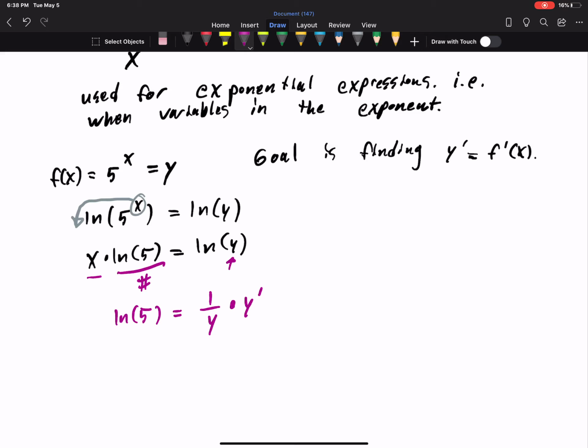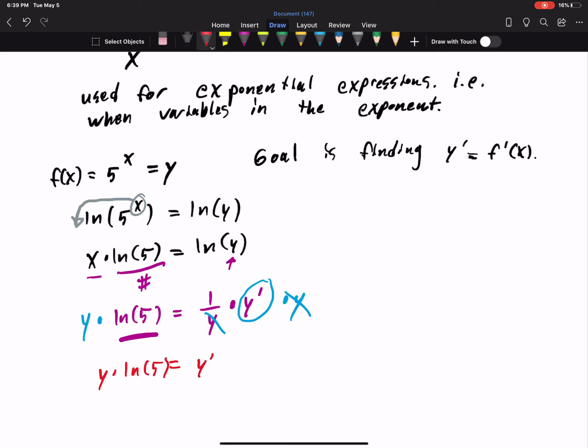So what we have here is natural log of 5 is equal to 1 over y times y prime. Keep in mind the goal at all times. We wanted to find y prime. So how do we get that by itself? You multiply both sides by y. That way the y here and the y here cancel each other, giving you y times natural log of 5 is equal to y prime.